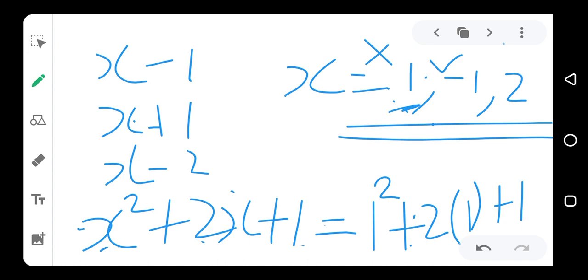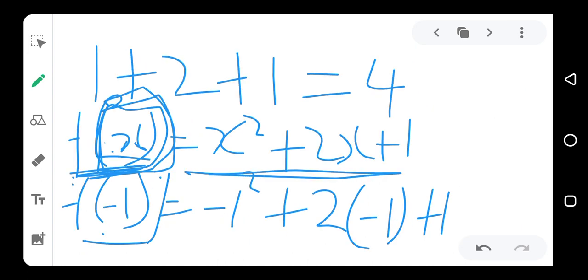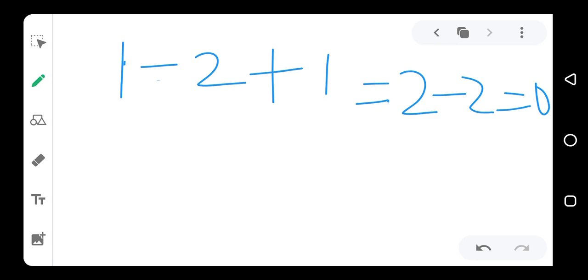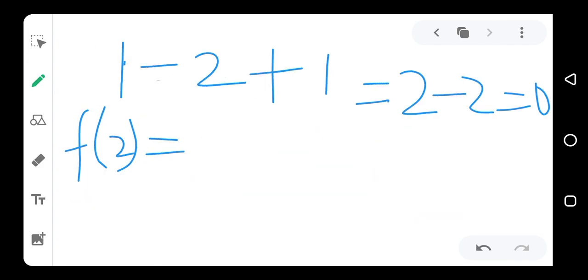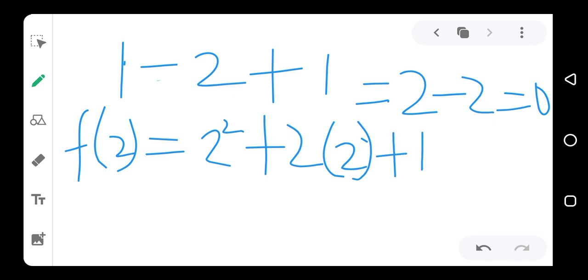Now let's check the last one, 2. We put 2 again inside the expression for f, where x equal to 2, and we are looking for the 0 of the expression. So let's use 2. It becomes 2 squared plus 2 times 2 plus 1.